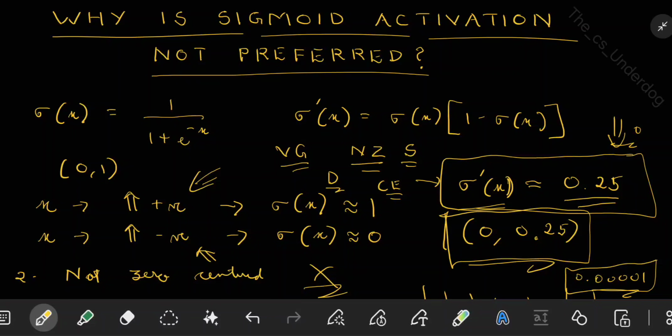Dense means all neurons will be activated; it won't take 0 value. So these are the problems with the sigmoid activation function. Mainly you have to see these two problems: vanishing gradients and not zero centered. Because of these problems, sigmoid is generally not preferred as an activation function, especially in your hidden layers. In between the hidden layers, you generally don't take sigmoid as the activation function.